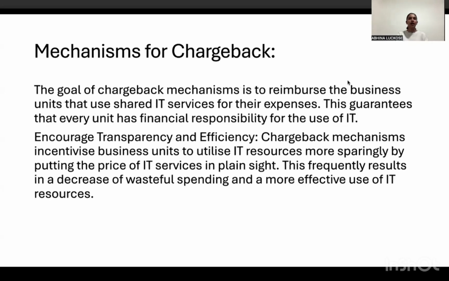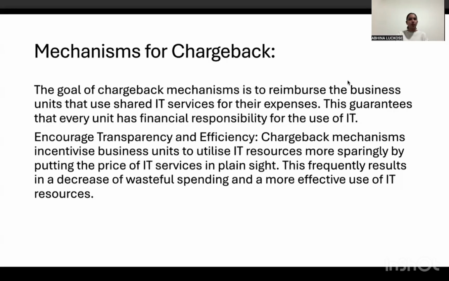Then we are discussing the mechanism of chargeback. The goal of the chargeback mechanism is to reimburse the business units that use shared IT services for their expenses. This guarantees that every unit has financial responsibility for the use of IT.